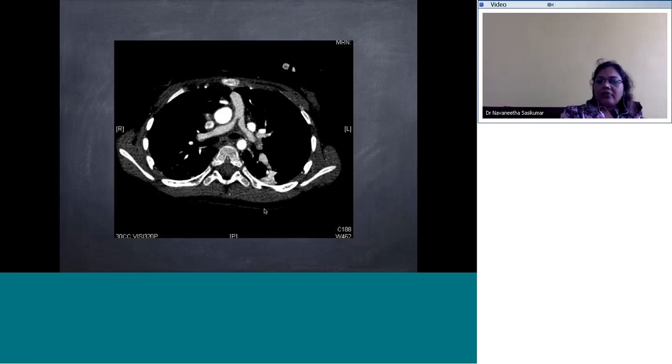Then on follow-up, this is what was seen 1 year after the second dilatation. You can see that both the PA ostia are narrowed. So this is essentially a bifurcation stenosis involving both the right as well as the left pulmonary artery, and this is a CT, as you all know.